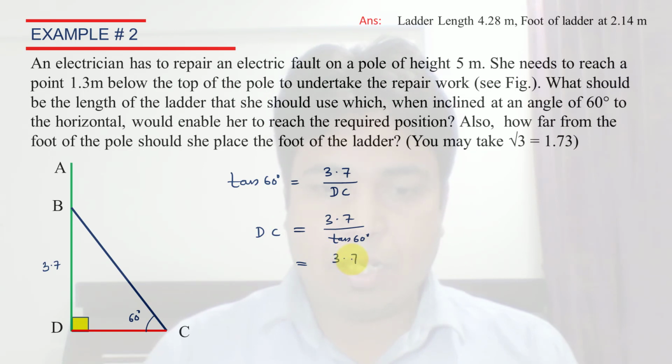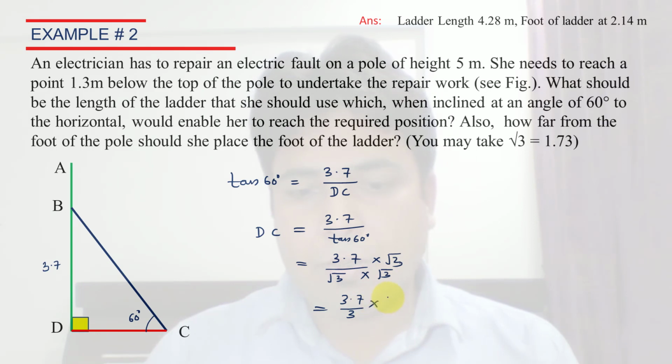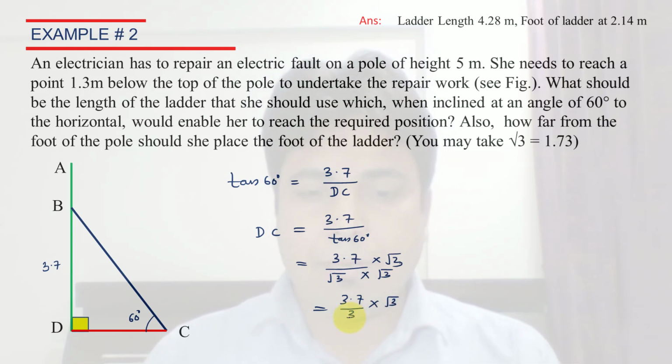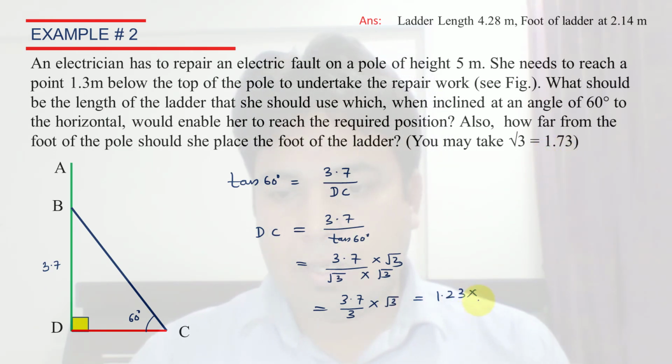So 3.7 upon root 3, and if we multiply by root 3 in numerator and denominator both, then we will get 3.7 into root 3 upon 3, and if we divide this, then we will get 1.23 into root 3, which is 1.73.